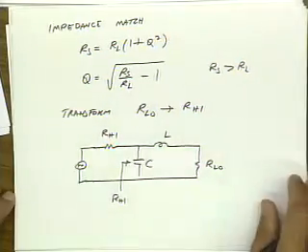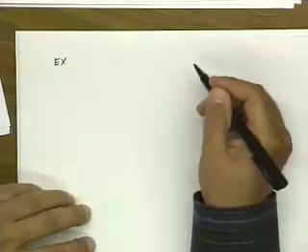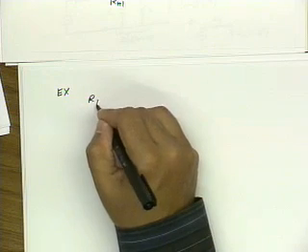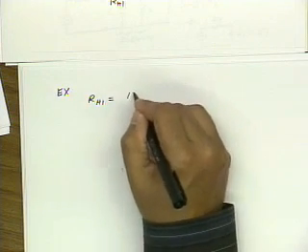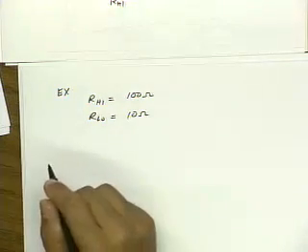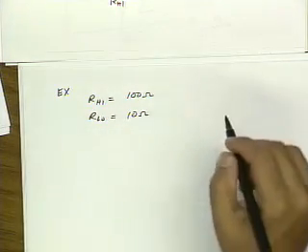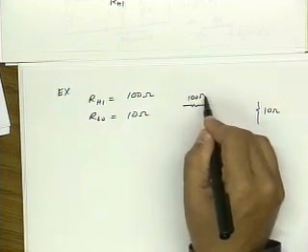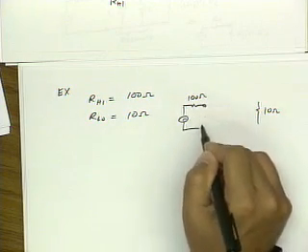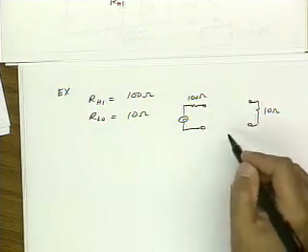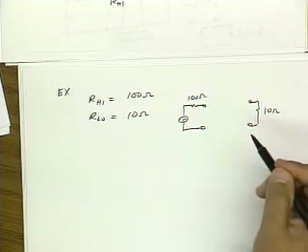So let's do a very, very simple example. Let's say that R high is 100 ohms and R low is 10 ohms. So I have 10 ohms, but I really would like to drive it with 100 ohms. Now, if I drive it directly, I'm going to waste a lot of power. I'm not going to be able to transfer the maximum power to the load.